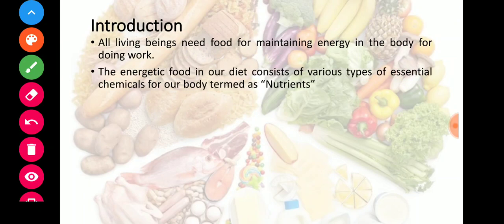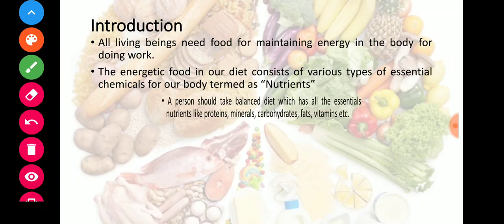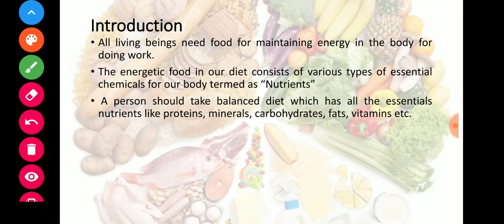The energetic food in our diet has various types of essential chemicals, and those chemicals are termed nutrients. A person should take a balanced diet which has all the essential nutrients like protein, minerals, carbohydrates, fats, and vitamins.